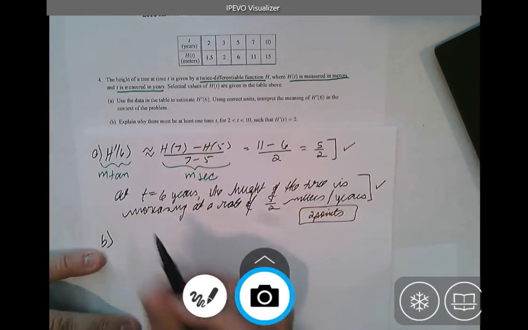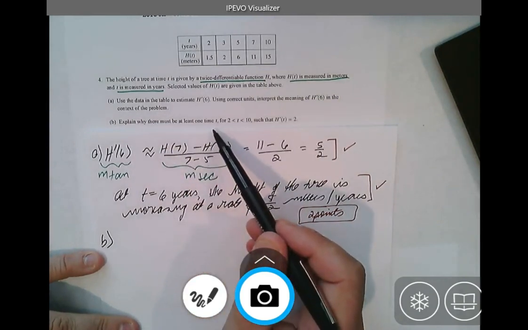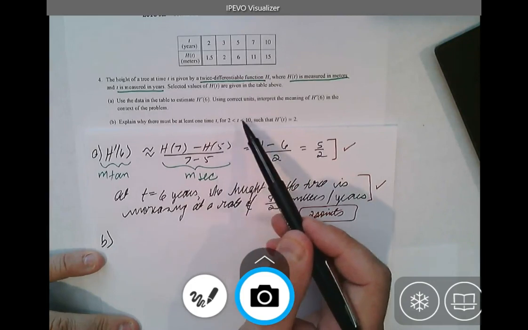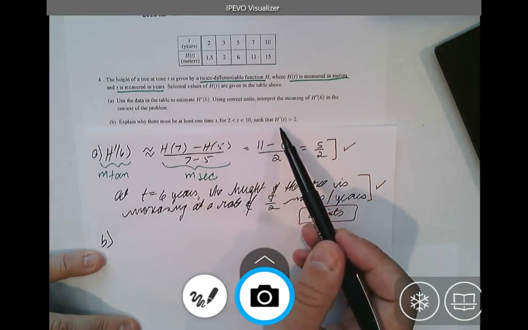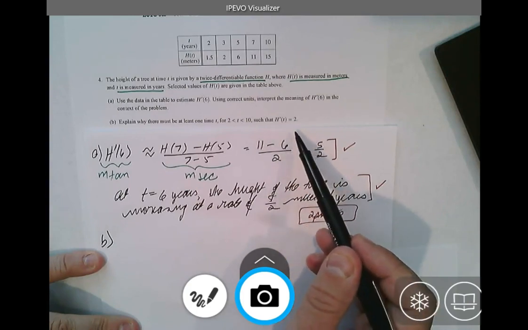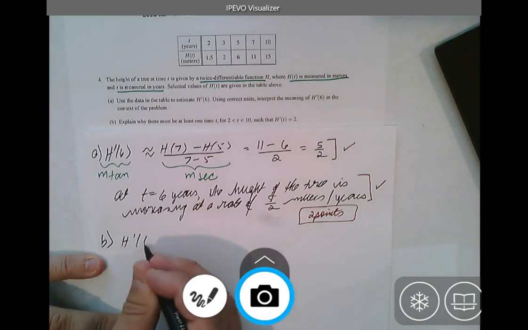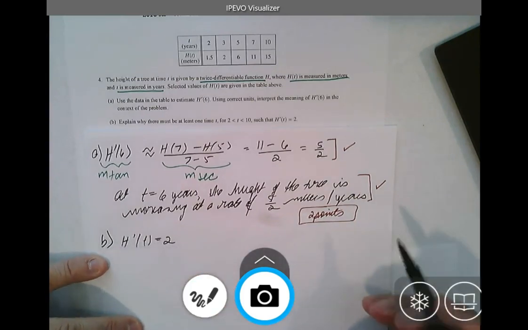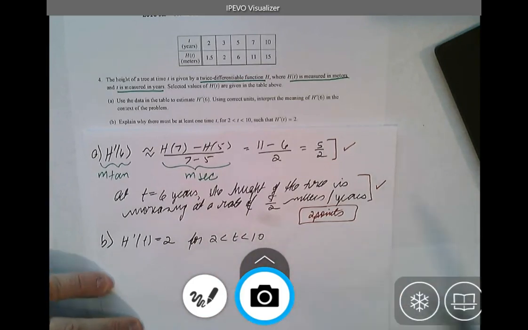In part B, explain why there must be at least one time t for the time interval 2 less than t less than 10 such that h prime of t is equal to 2. Why does it have to be true that h prime of t equals 2 for some point on the interval 2 less than t less than 10?